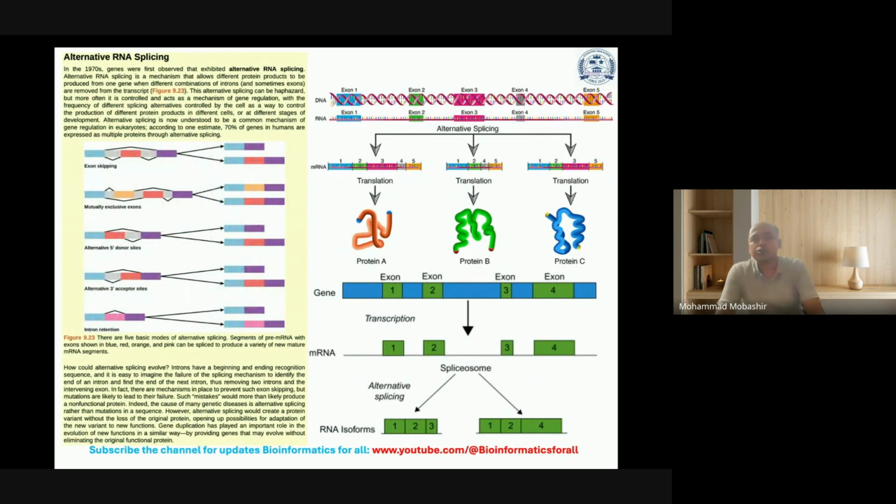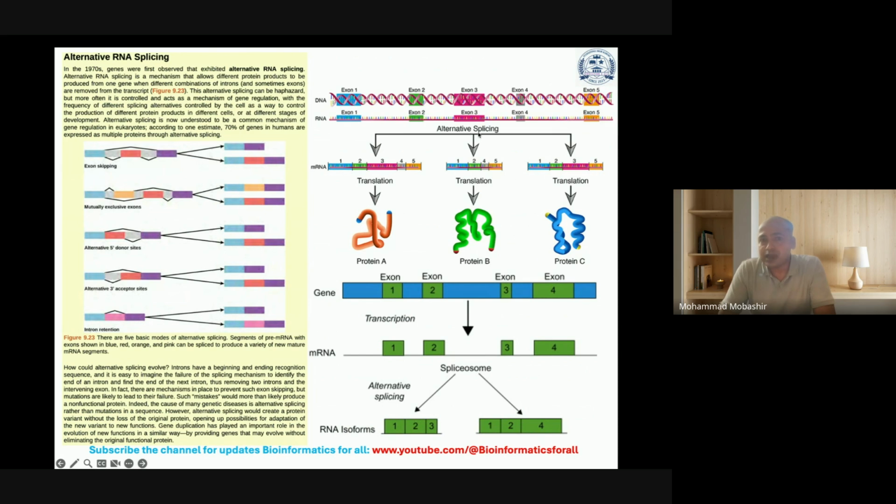Then now it comes to the alternate splicing, RNA splicing concept, where exon and something like coding and non-coding region. For example, here you can see how it works. So exon 1, 2, 3, 4, and 5. Now, again, in DNA, in RNA, exon 1, 2, 3, 4, and 5.